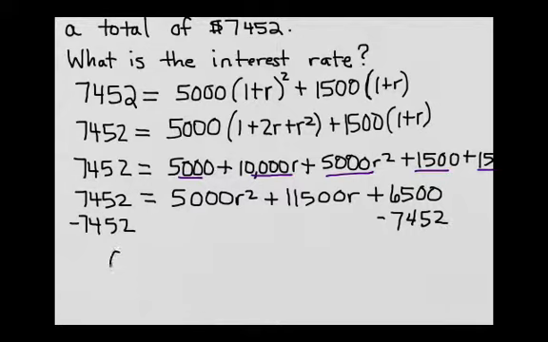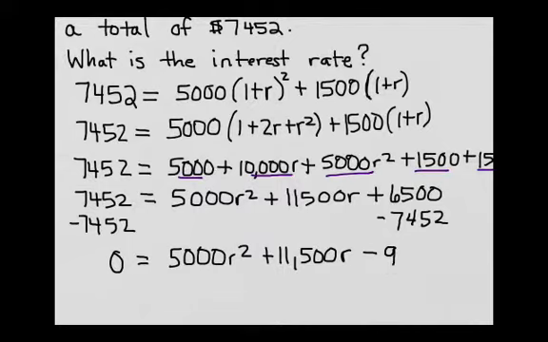And when we do that, we're going to get 5,000 R squared plus 11,500 R minus 948.